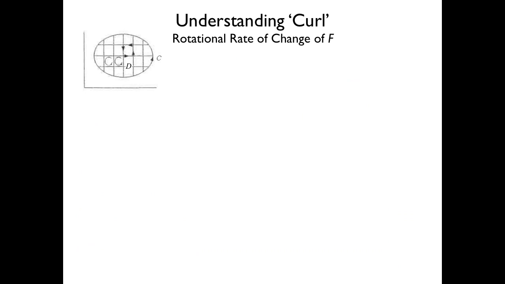Given a location, a vector field function gives you a vector. As a function, it has a rate of change. In fact, it has two different kinds of rate of change. The first rate of change that a vector field has is called curl.